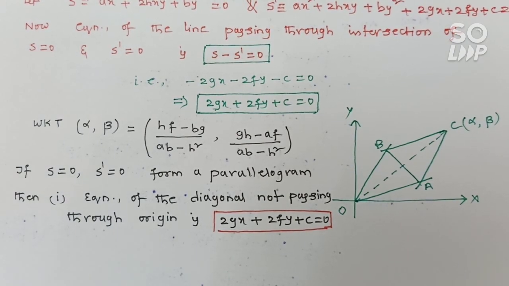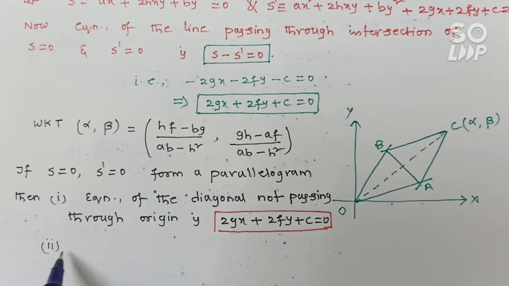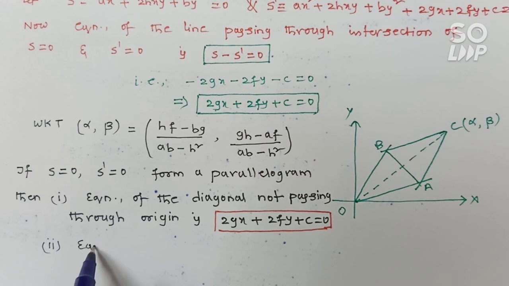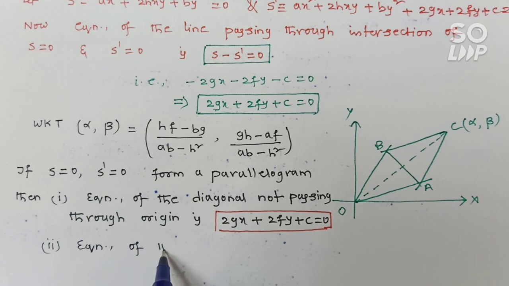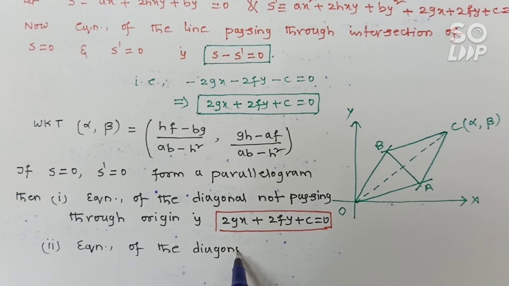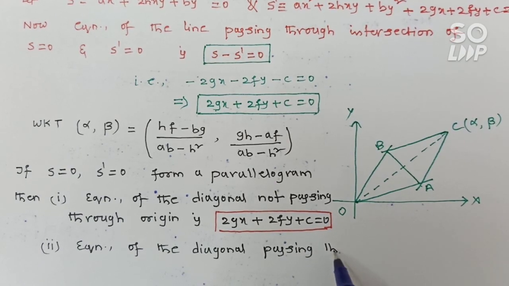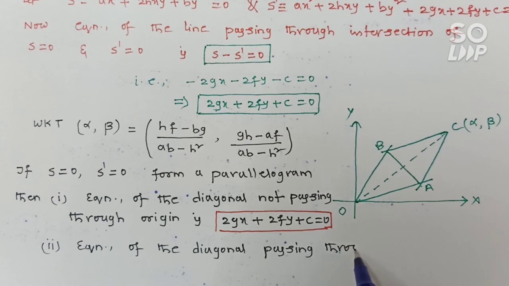So the second point will be the equation of the diagonal passing through origin.